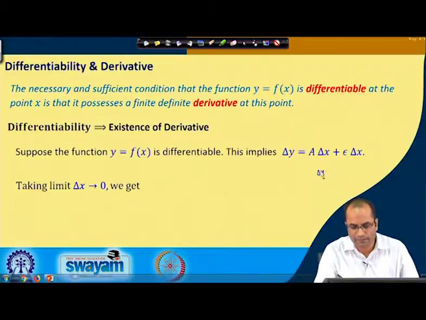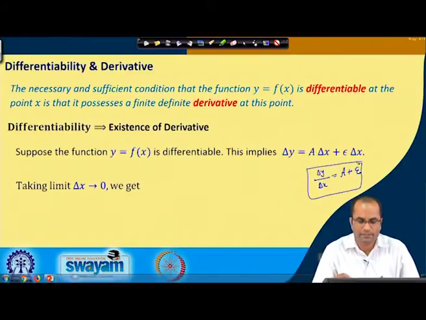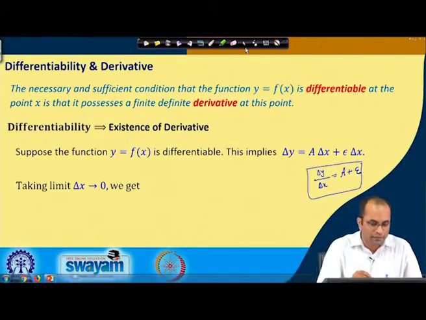So, this will be delta y over delta x is equal to A plus epsilon, and now we will take the limit as delta x goes to 0.